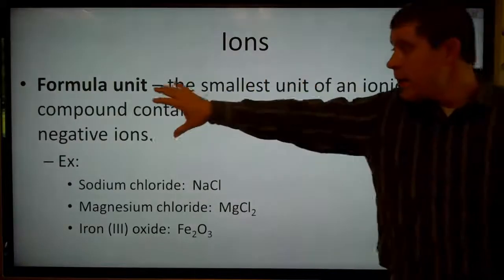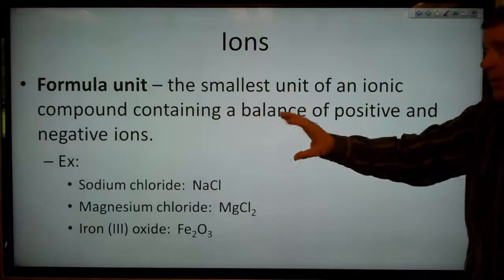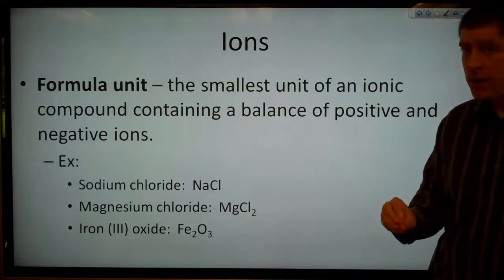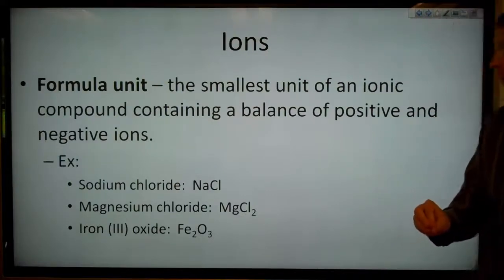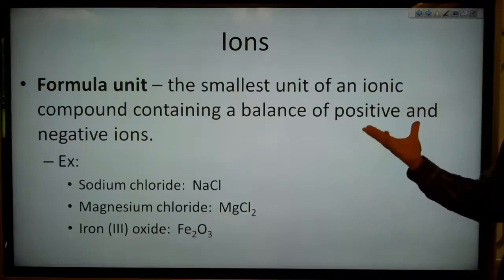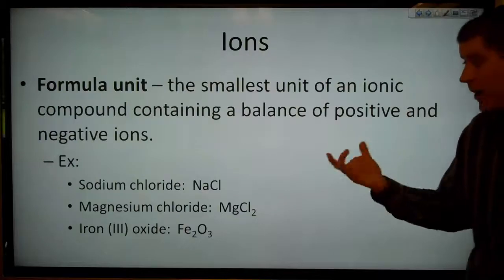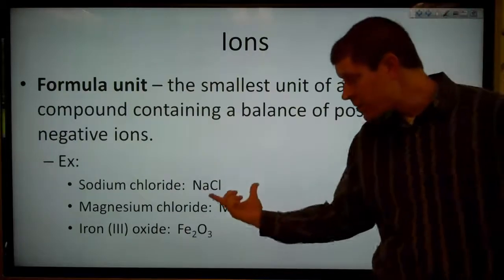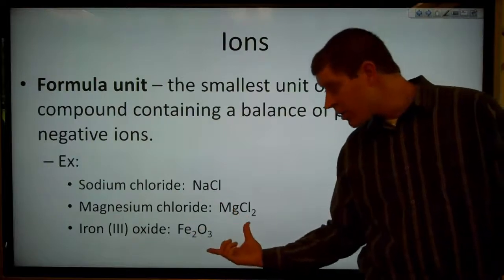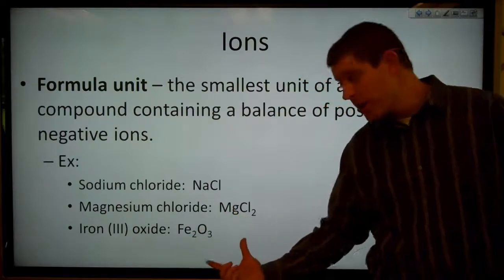So, again, we need this concept of formula unit to differentiate from the molecule of a covalently bonded compound. But again, it's still the smallest unit of an ionic compound that contains a balance of positive and negative ions. So we have something like sodium chloride or magnesium chloride as MgCl2, iron 3 oxide is Fe2O3.